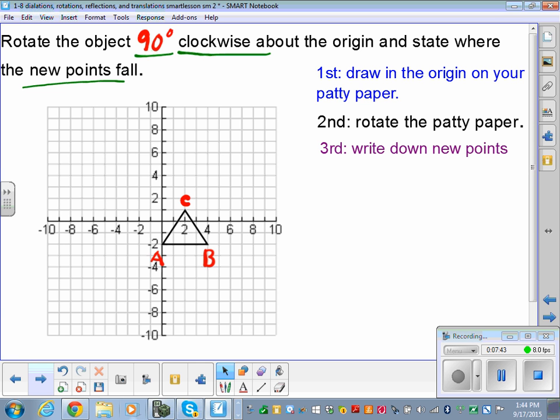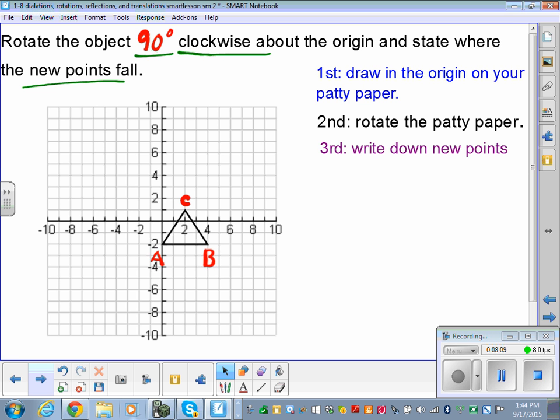The first thing you must do is draw in the X and Y axes, that little X right there, because once we rotate this, we need to keep it lined up. Does everybody see what I did there? Now you'll draw in the vertices, meaning the endpoints of your picture. That's A, that's B, and that's C. Okay, questions so far?